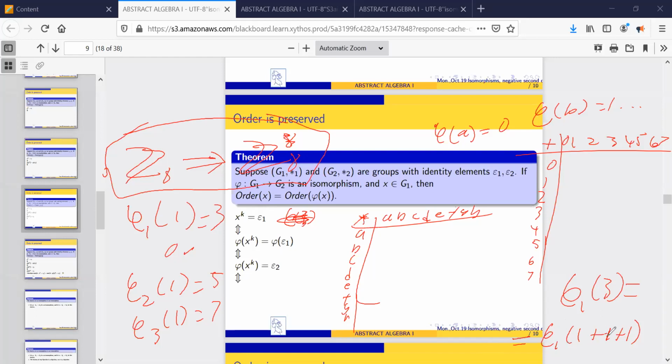So we have phi of 1 plus 1 plus 1. That's going to be equal to phi of 1 plus phi of 1 plus phi of 1. So that's equal to 3 plus 3 plus 3 is equal to 1. Does that make sense?